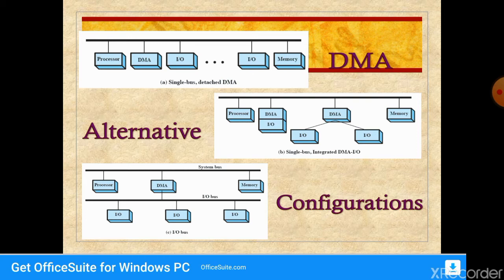So the processor is interrupted frequently for every input-output device. The processor calculates the address and hands over the details to the DMA so that the DMA takes care of the input-output transfer of the data of a process.